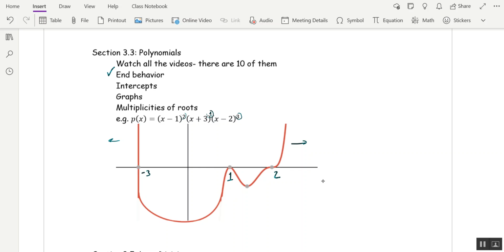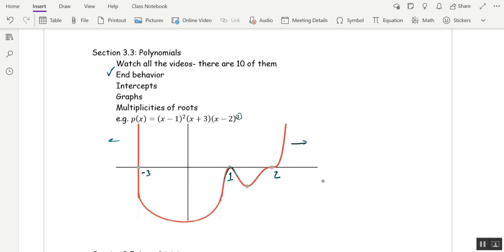And the multiplicity tells me, do I cross the x-axis at that root or bounce back? If it's an even multiplicity like 2, that means you're going to bounce back. So here at the root 1, notice that the polynomial touches the x-axis and bounces back.